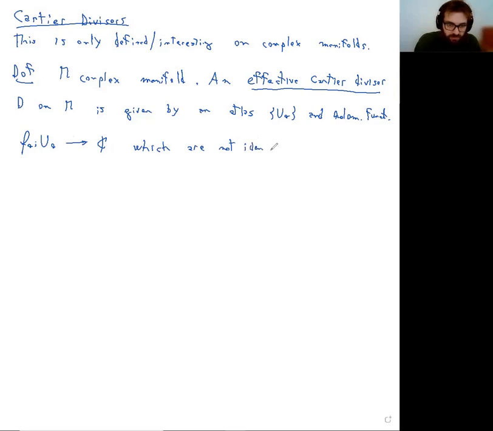They can be constants, but not 0. And they can have zeros, they're just not identical to 0.